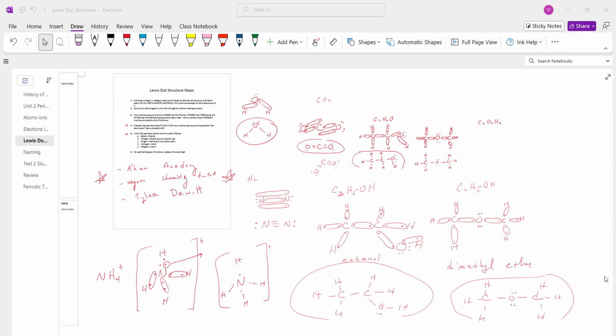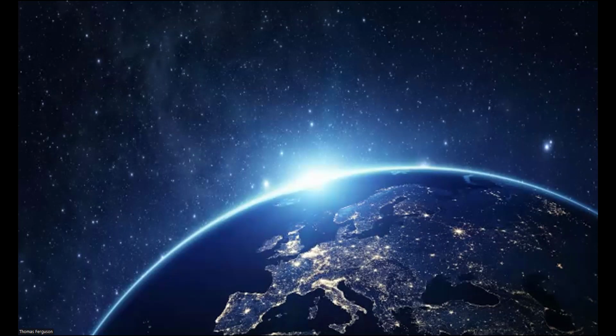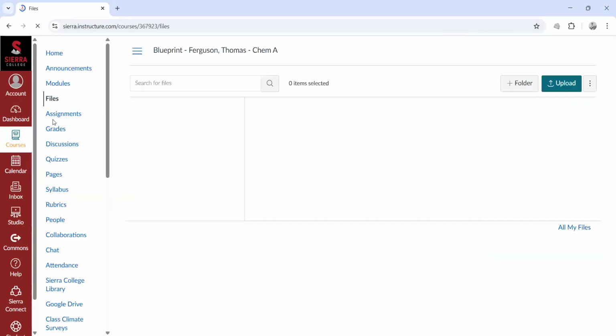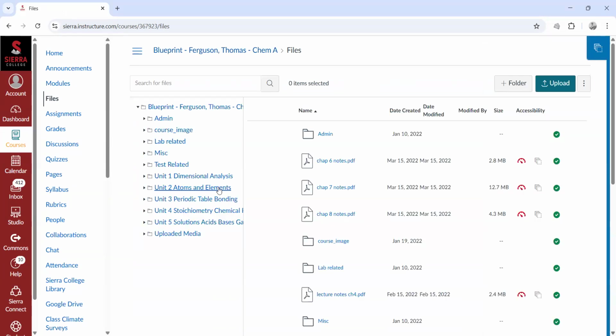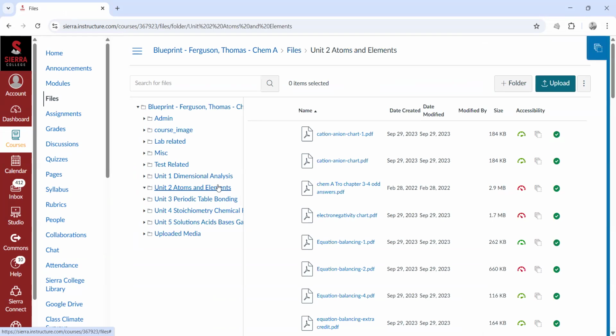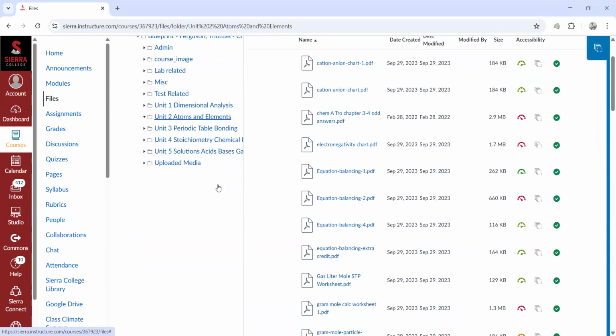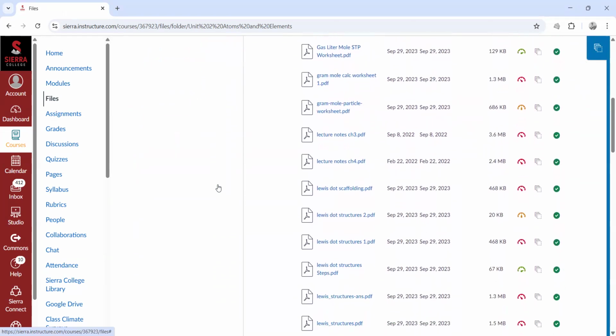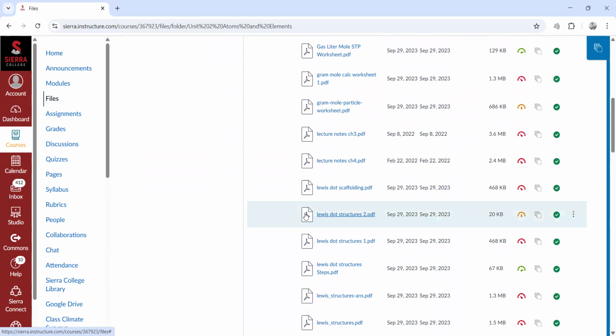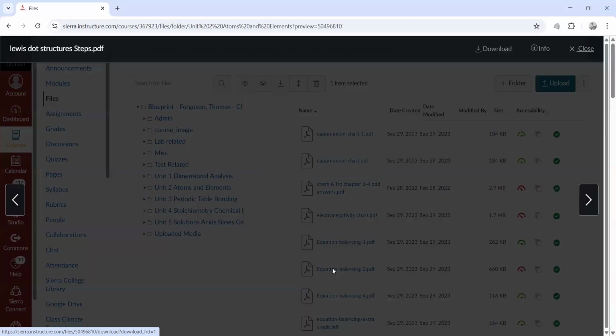So I have extra worksheets in Canvas. Here's the one with the steps.